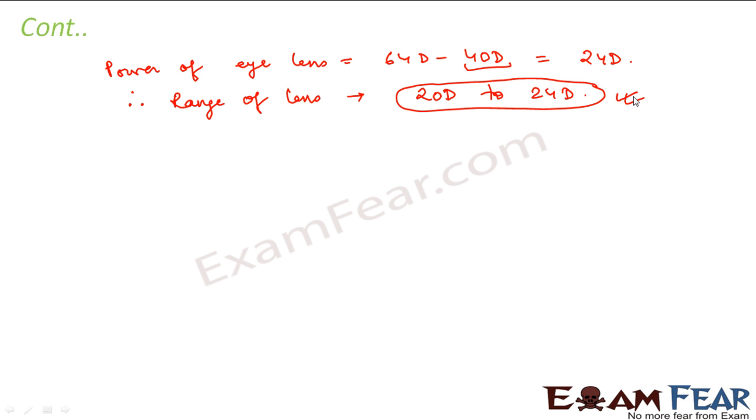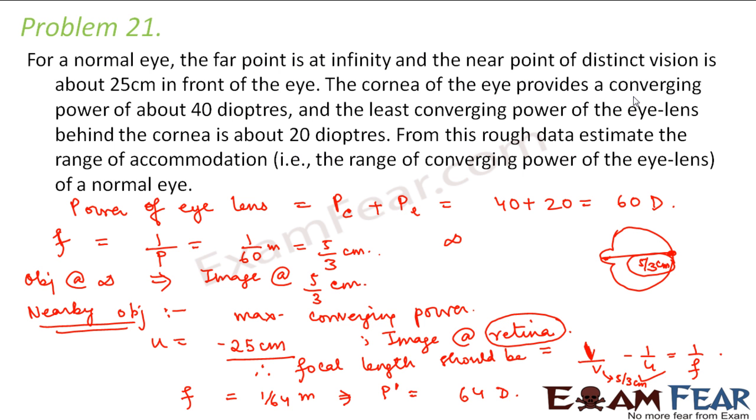So whenever you solve problems related to the human eye, it is very important that you try to understand the problem logically. For example, in this case, it told us that the far point is infinity, near point is 25 centimeters. For far point, the image will be formed at focus, and the focus will be nothing but the retina.